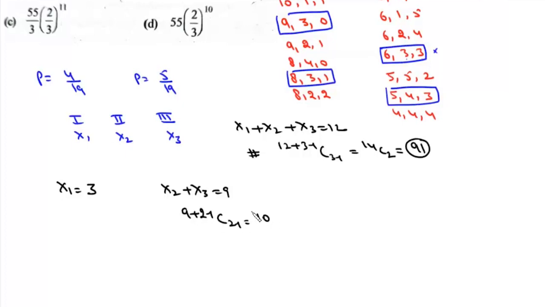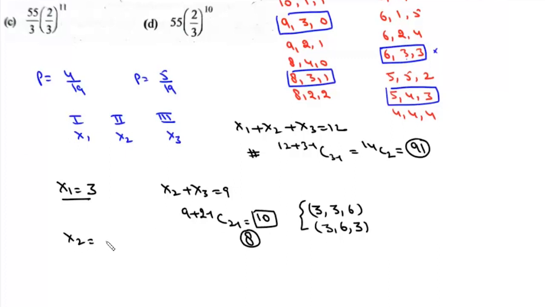Now in these 10 cases, we have one case when it will be 3, 3 and 6, and one case when it will be 3, 6 and 3. So what we'll do is we'll discard these 2 cases. So then we have 8. So it'll be 8 cases when x1 is 3.